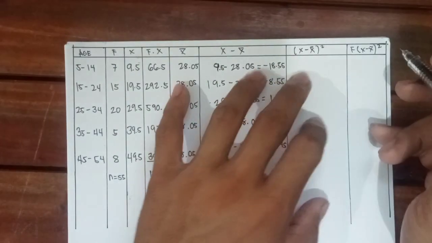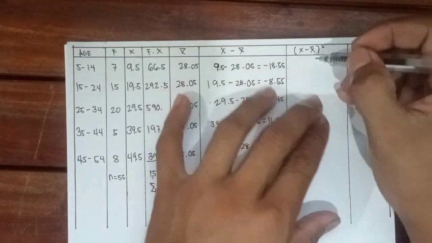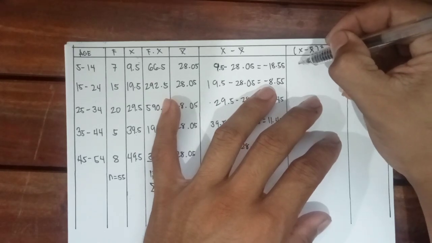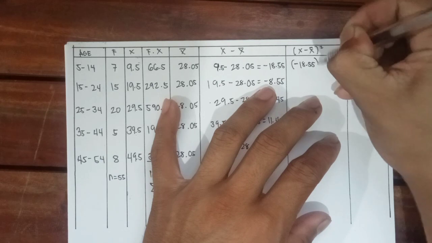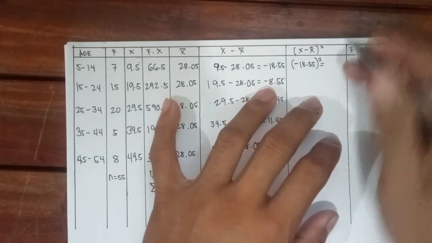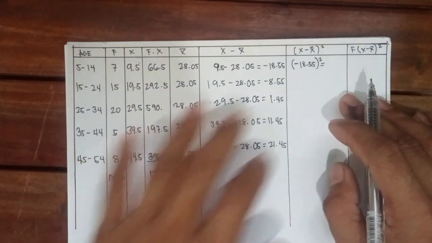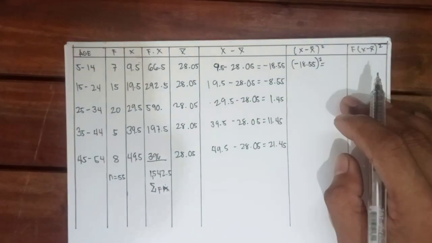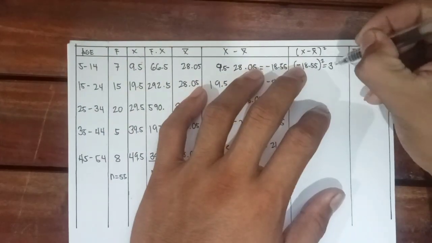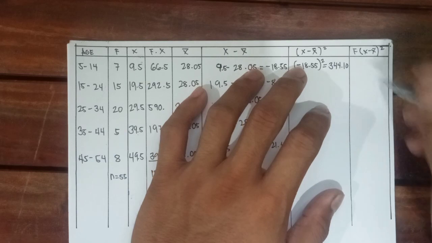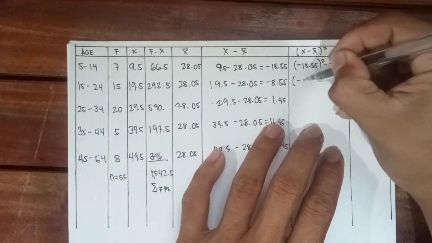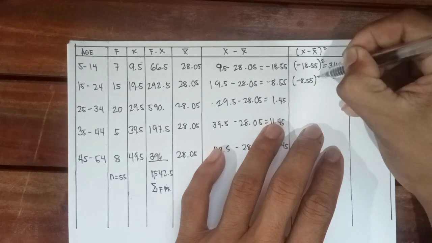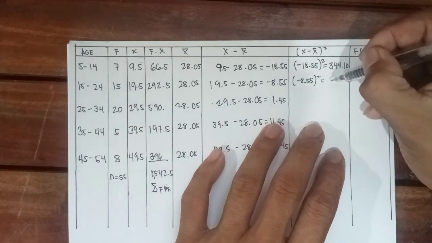Ang gagawin naman po natin, i-squared po natin yung sagot. So, squared po natin yung negative 18.55. Ang sagot po niyan is 344.10. Continue the process. Negative 8.55 squared is equivalent to 73.10.